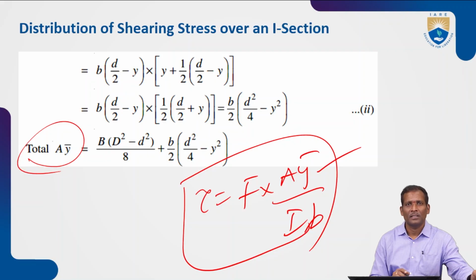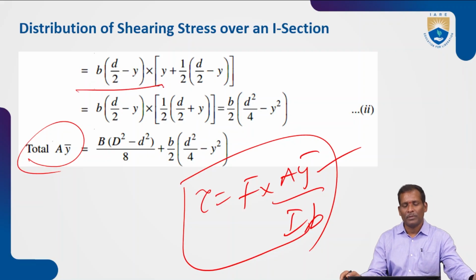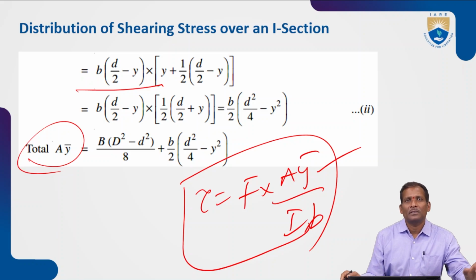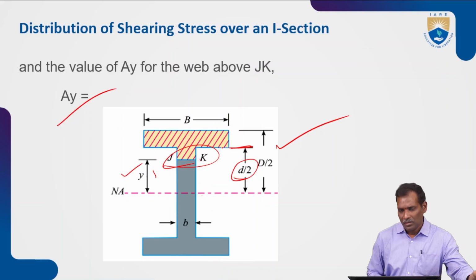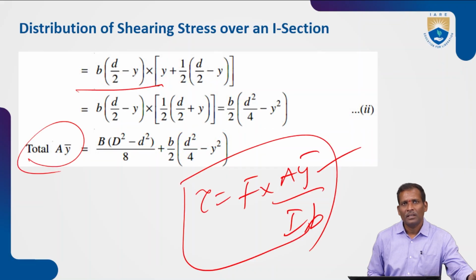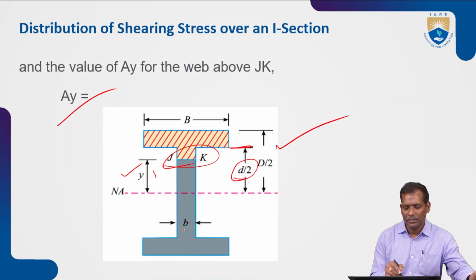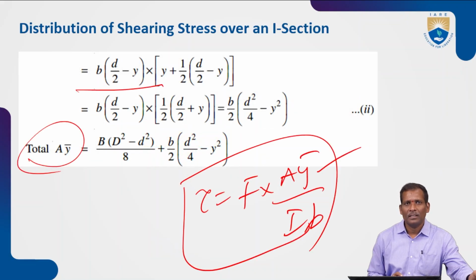The area is b multiplied with small d by 2 minus y. So the small d by 2 minus y, the area, multiplied with b, depth multiplied with width, and then the y bar: y plus half multiplied with small d by 2 minus y.